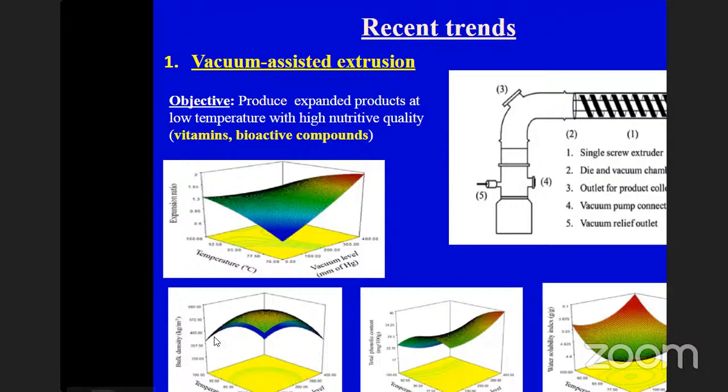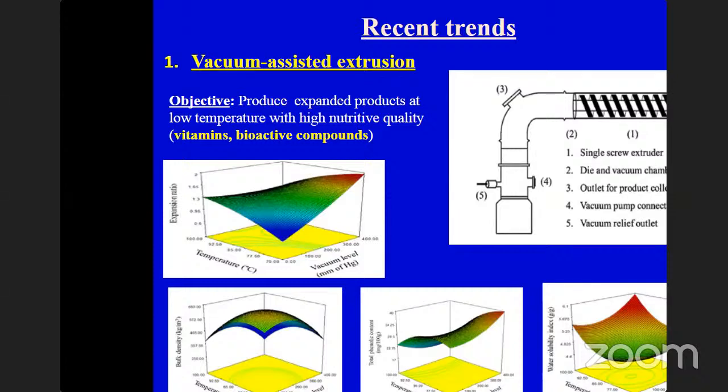As shown in this figure, a vacuum system is connected with the die. As shown from these figures, it is found that expansion ratio and total phenolic compounds increased with increasing the vacuum level. The higher the vacuum level, the higher each of the expansion ratio and the total phenolic compounds.